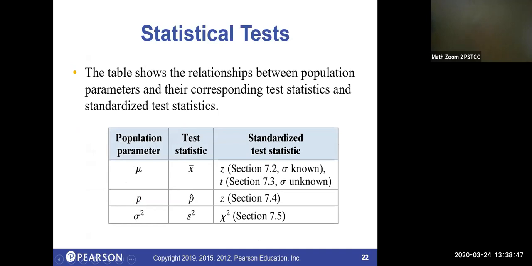The criteria for that is the same: whether the population standard deviation sigma is known or unknown. For proportion, we'll look at the sample proportion, and that will always use the z distribution. And then we have variance or standard deviation. We can run a hypothesis test for either, and that will use the chi-squared distribution.